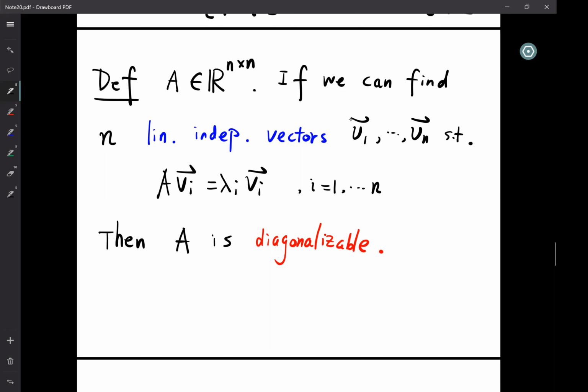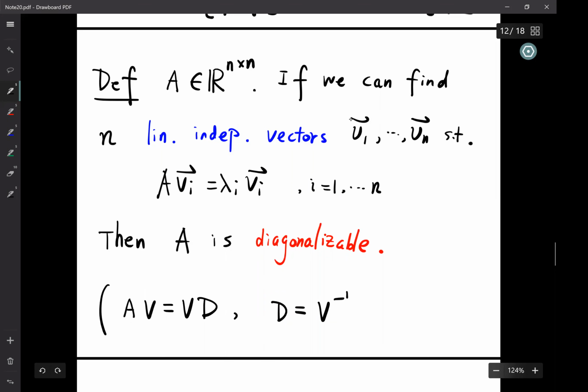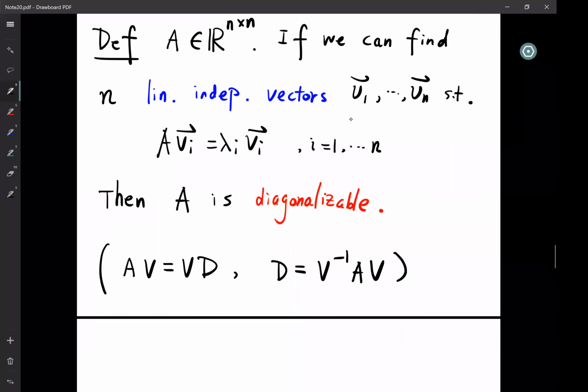As we said last time, this equation can be reordered into AV equal to V times D, or D equals V inverse A V, where V collects all the vectors. D is a diagonal matrix consisting of the eigenvalues. So after this V inverse A V operation, A is diagonalized into a diagonal matrix, so it is called diagonalizable. And these lambda i's could be the same, could be different, I don't care. As long as there exist such lambda i's, then I'm fine.